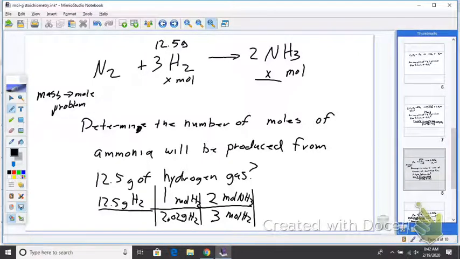So when you guys come in tomorrow, you're going to be asked to do some problems like I just went through. And so this would be 4.13 moles of NH3.